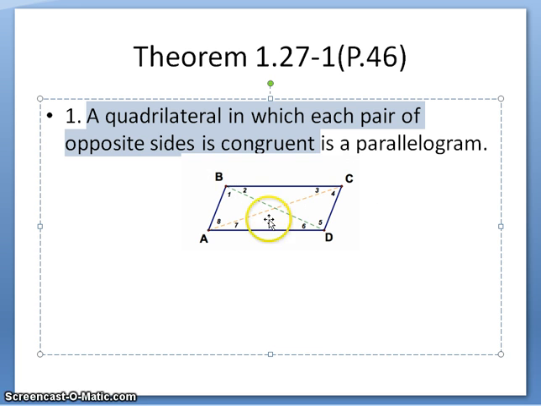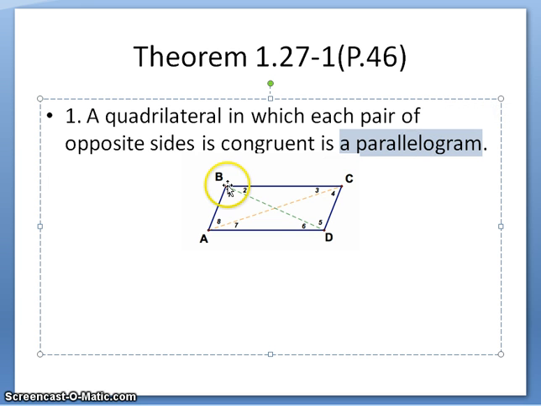So BC and AD are congruent. Also, we know AB and DC are congruent. What we don't know, which is also what we want to prove, is that it's a parallelogram, which means by the definition, we need to show these two pairs are parallel.